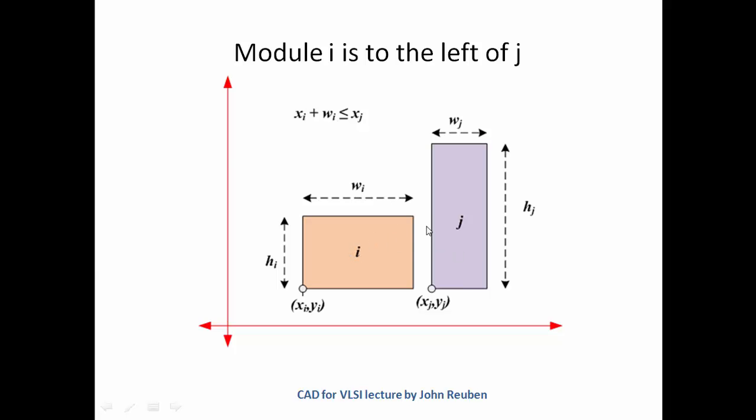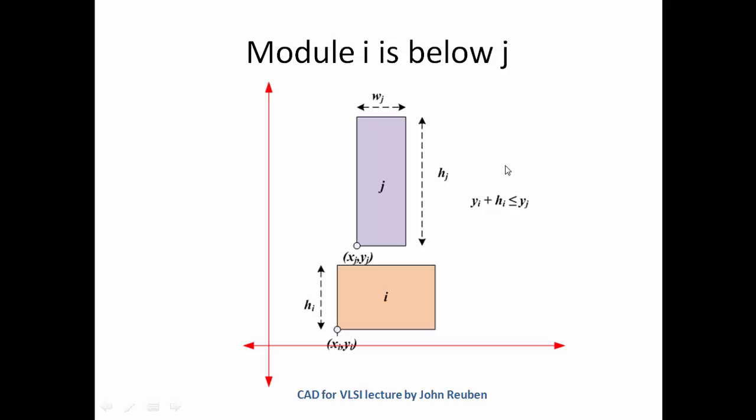If module i is to the left of module j, then xi, that is the lower left x coordinate of the module, plus the width of this module must be lesser than the lower left x coordinate of this module j, right? So this equation must be true if module i is to the left of module j.